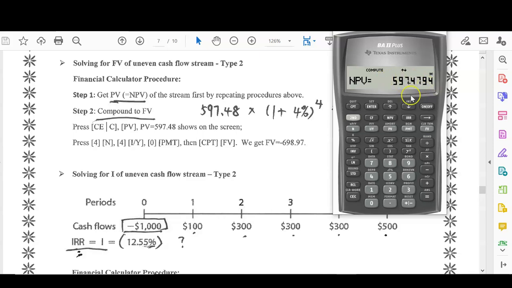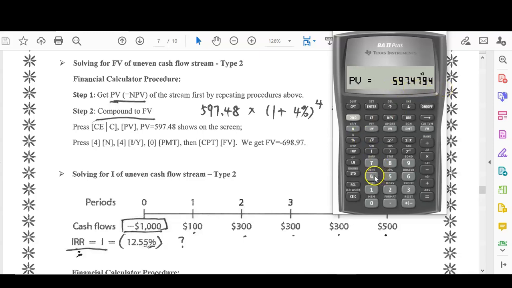You can either write this number down so you can input it as present value again and compound this lump sum to get its future value using the TVM worksheet, or you can press CPT here. So you get out of the function, but you still have the numbers on the screen, and you press PV. So you successfully input present value as 597.